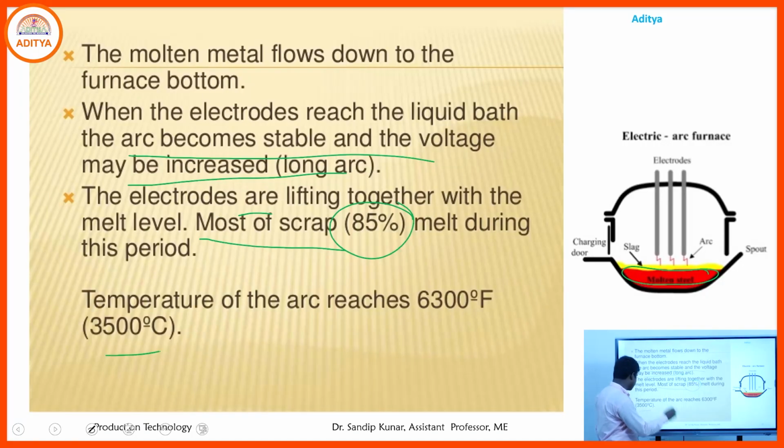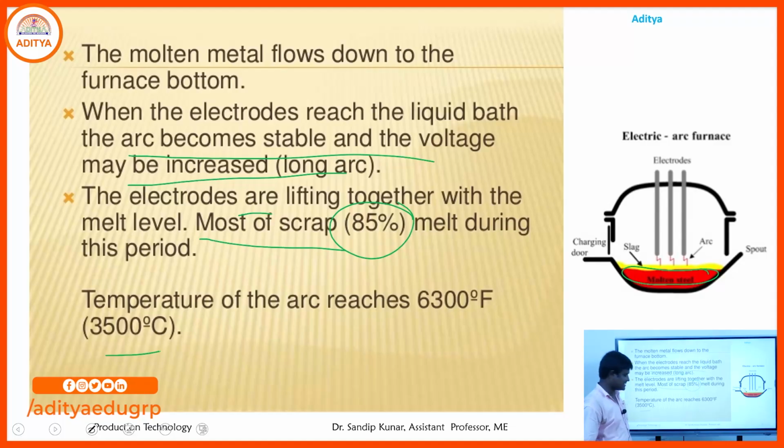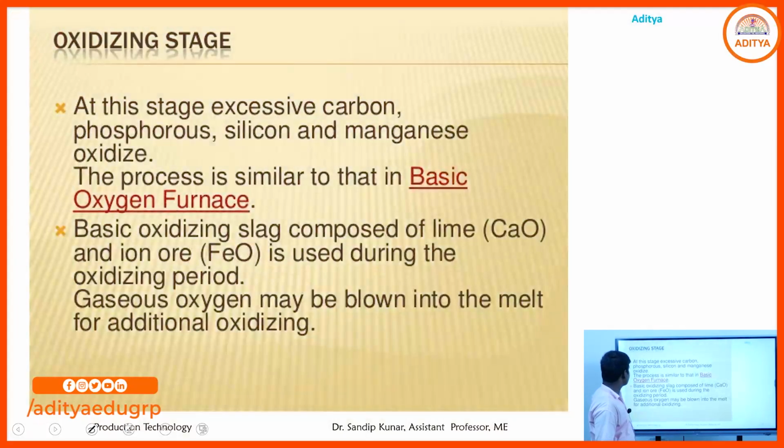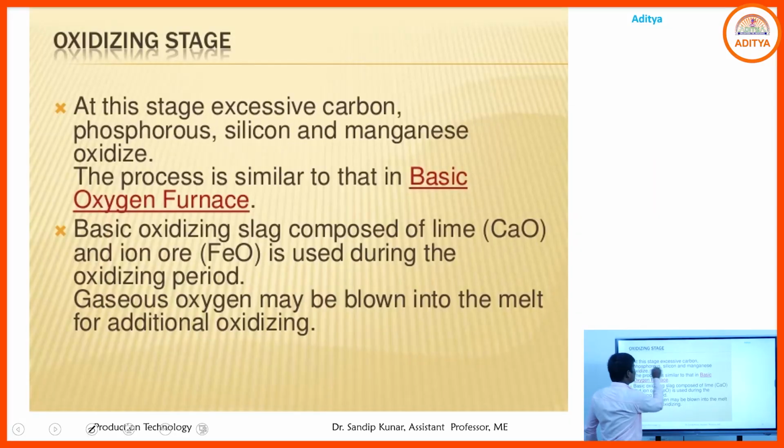The temperature reaches near about 3500 degrees centigrade in that case. In the oxidizing stage, what happens? Excessive carbon, phosphorus, silicon and manganese may be oxidized at this high temperature in the melting stage, and due to oxidizing, the purity of the molten metal will be deteriorated.